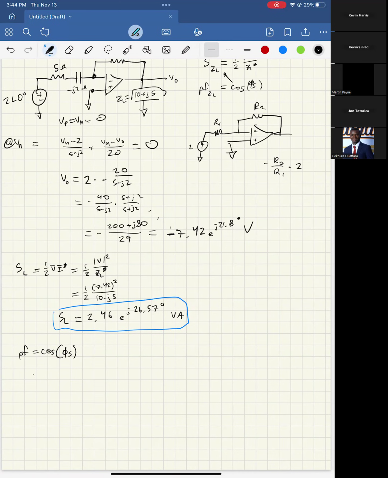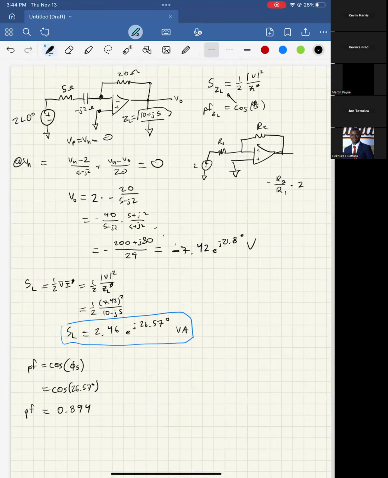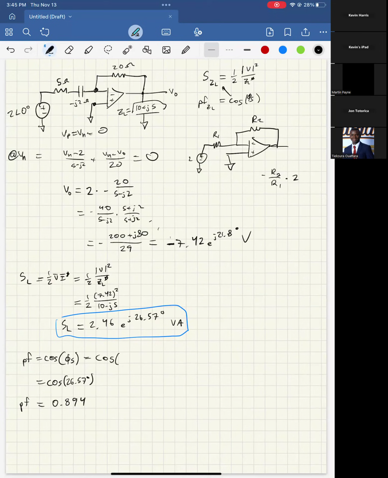So it's cosine of 26.57 degrees, which you can just do on your calculator and you get that. I have a question. For the power factor, usually is it not like cosine of phi something minus phi something?